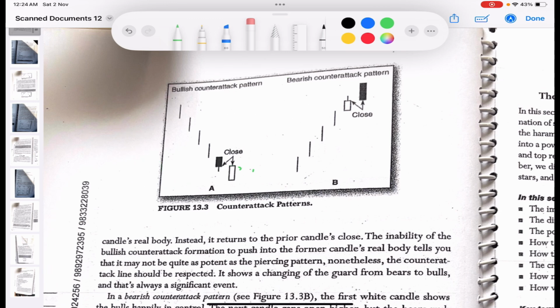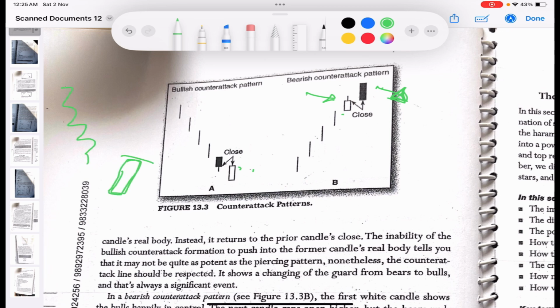Similarly, when you talk about bearish, when the closing of the bearish candle is right at the closing of the bullish candle. Okay, let's just quickly revise. Basically, in a bullish counter attack, you have a green candle.